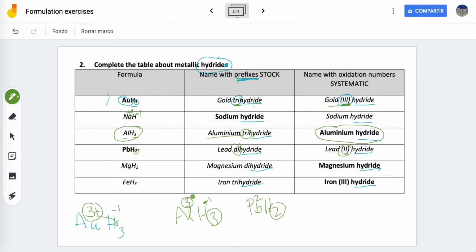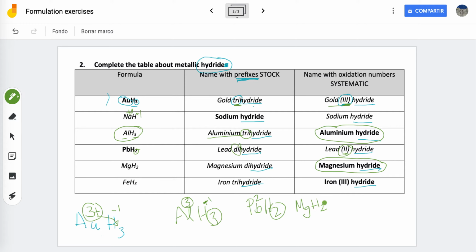Okay, very easy. Magnesium hydride, we have this name, magnesium hydride.